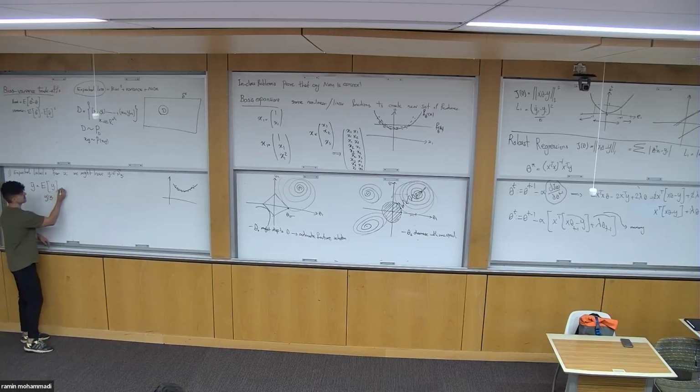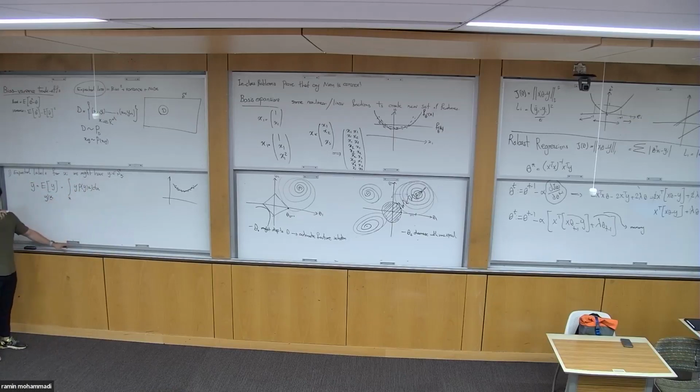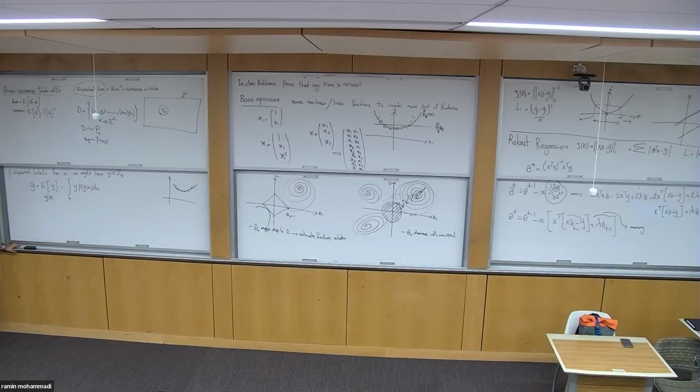So if it's continuous, that's going to be a basic integration of y p of y given x p of x. If it's discrete, it becomes a summation of y p of y given x, right? So the expected value we had in the first class, I hope you remember that. That's the expected label, which is the same as the average of all labels. Because any expected value is an average technically, right?